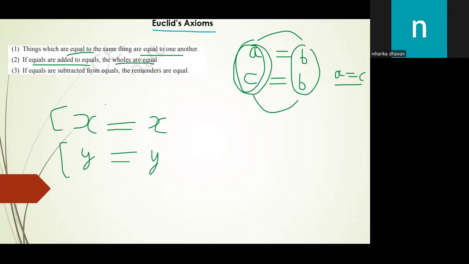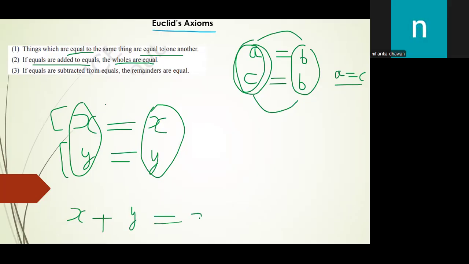It means if we add these and if we add these, then again the wholes will be equal. It means X plus Y is equal to X plus Y. So if equals are added to equals, then the wholes are equal.